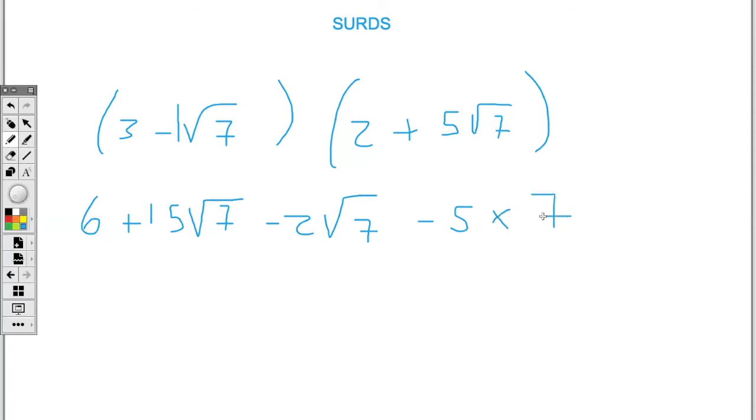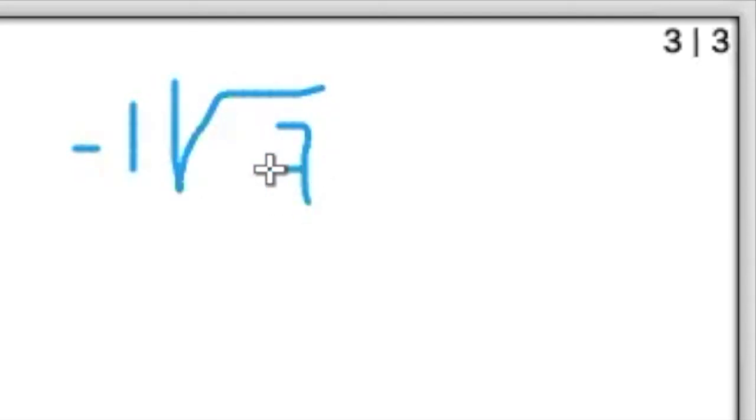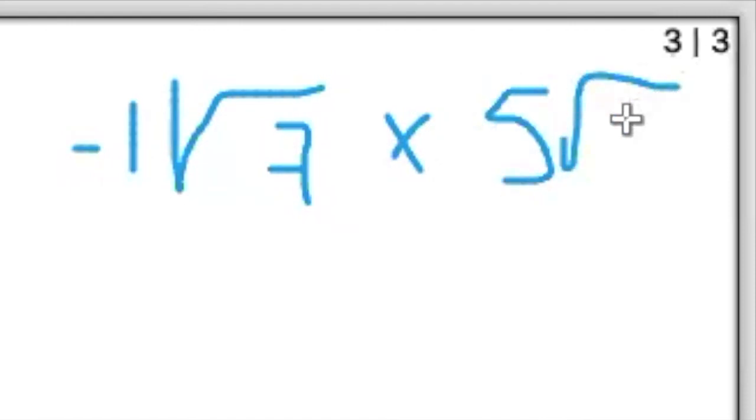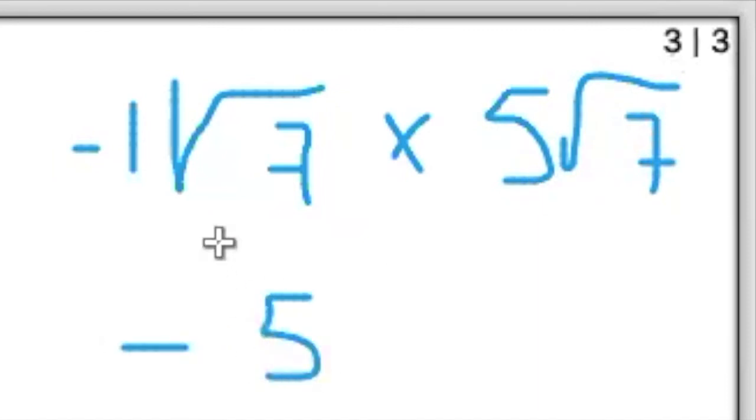So I repeat, so it's like a minus 1 root 7 times 5 root 7. So we see negative 1 times 5, negative 5, and root 7 times root 7, that is just 7.